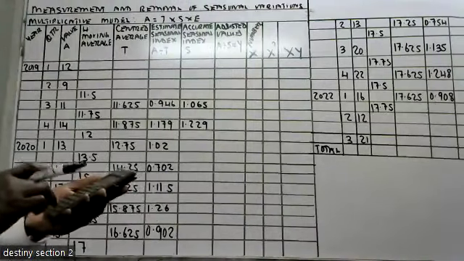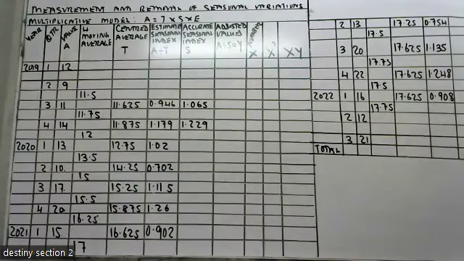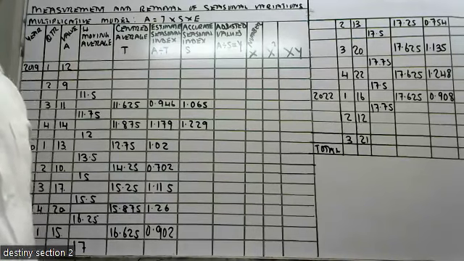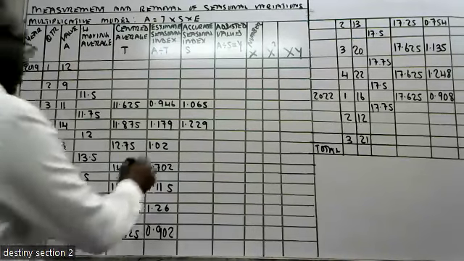You divide the answer by 3. Give me the answer to 3 decimals. 0.943.